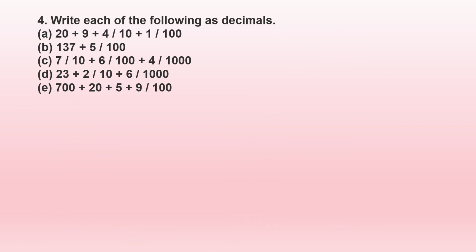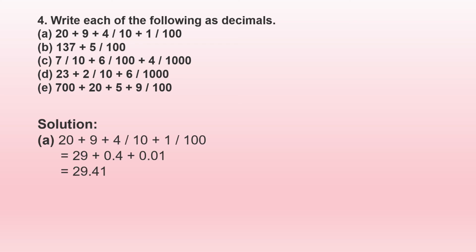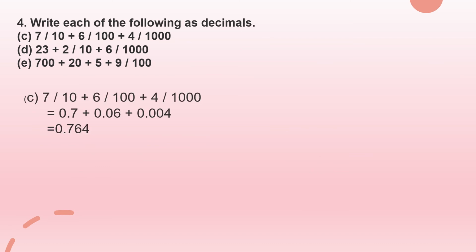Write each of the following numbers as decimals. So we should write wholes. First question, 20 plus 9, 29. 4 by 10 means 0.4. Here 0.01 and add. So 29.41. So like that we should write 29.41. So let us do this. 7 by 10, so 0.7 plus 0.06 plus 0.004.